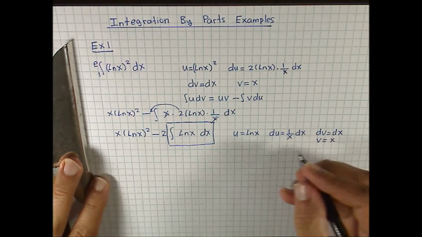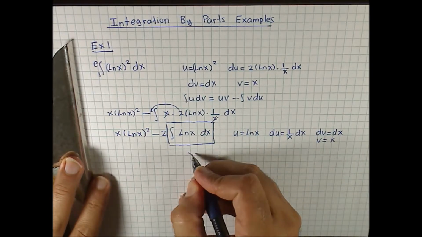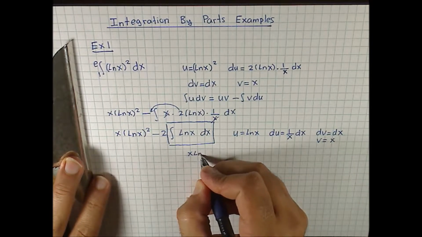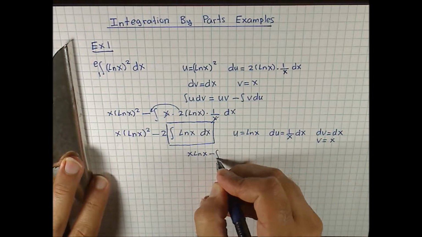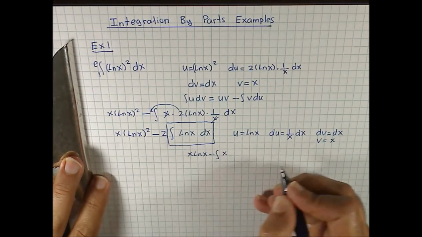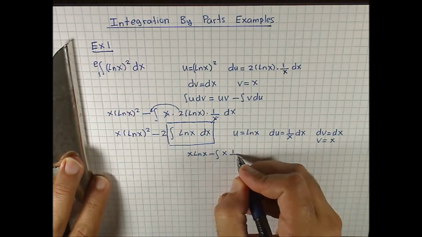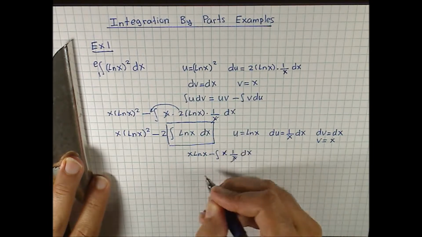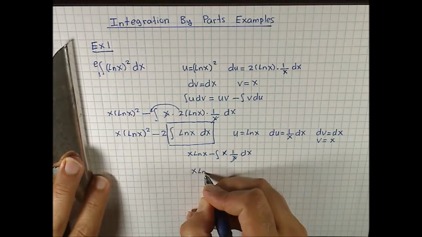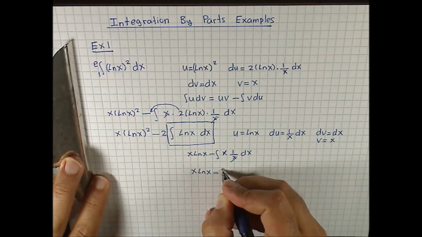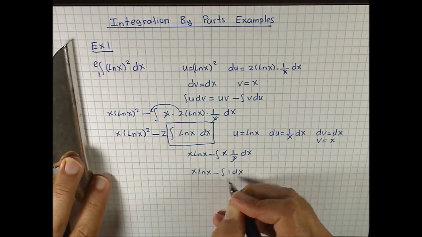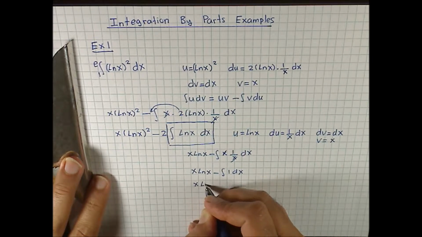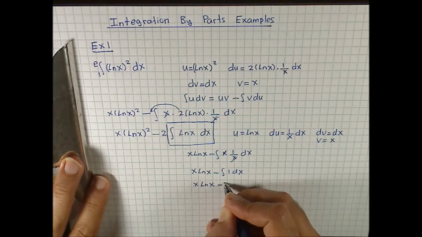Alright, so we get u times v, that's going to be x ln x, minus the integral of v, which is x, times du, that's 1 over x dx. Cancel these and you get x log x minus the integral of 1 dx, that's x log x minus x.